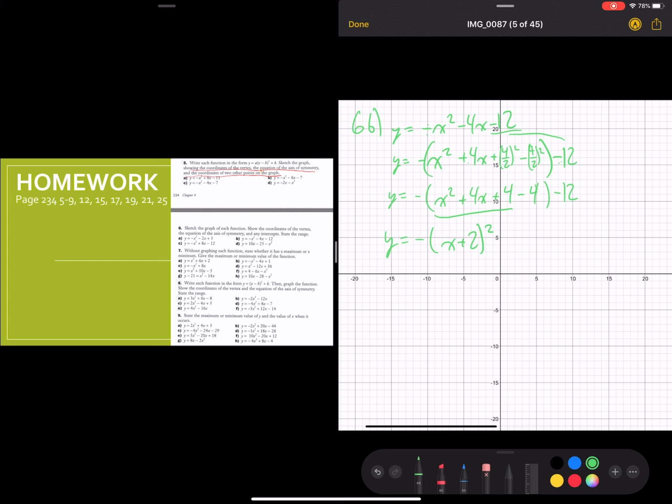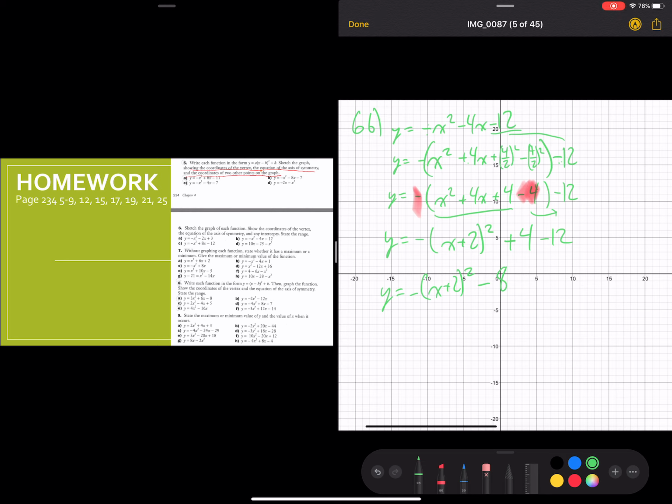This minus 4, we have to bring it out of our bracket. But because it's multiplied by this negative, it gets multiplied by this. So guess what? This becomes a plus 4. Minus 12. Y equals minus x plus 2, whoops, that's not how it's written. Squared minus 8.